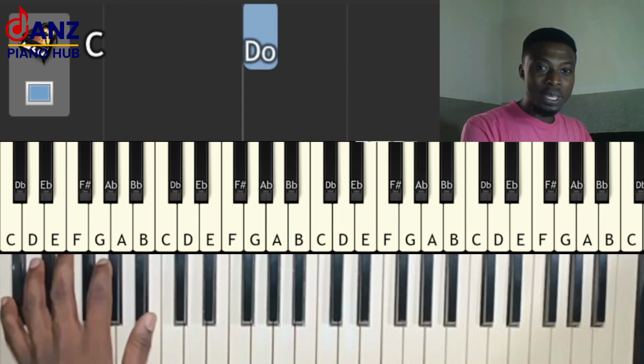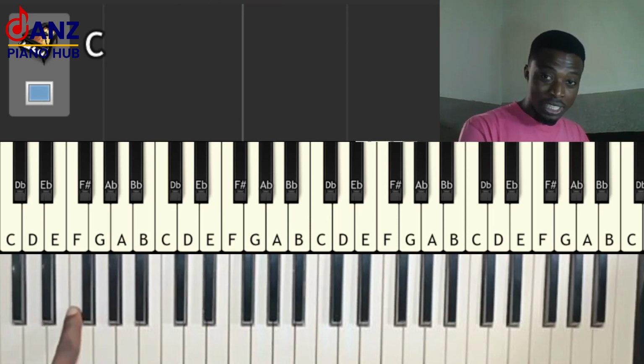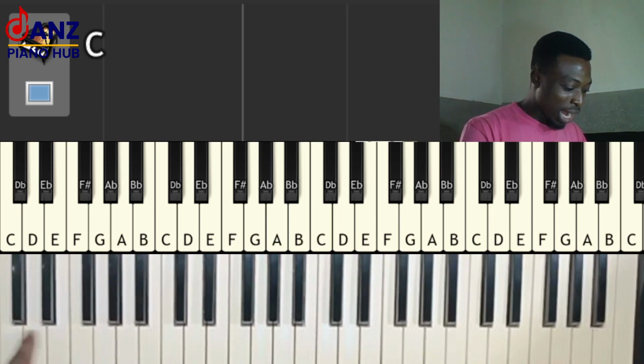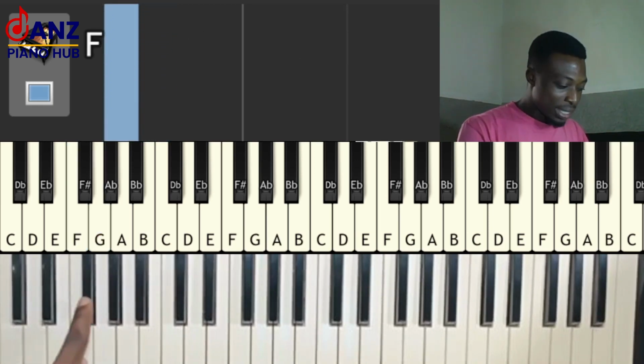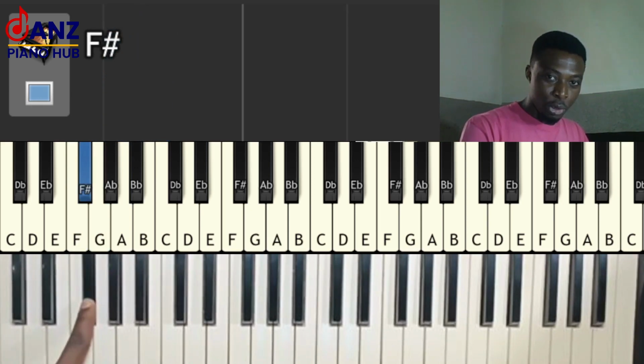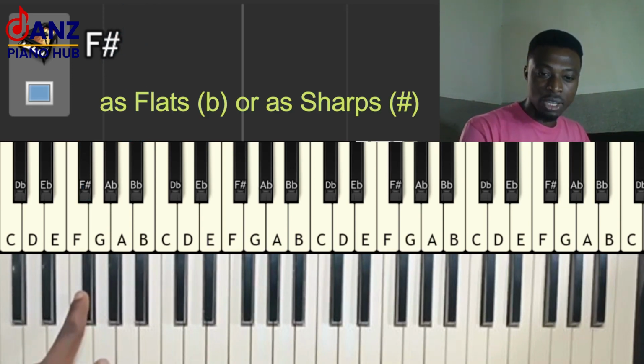Now, how you get the name of a black note is quite tricky. Follow me on this. For example, we have F. Now, this is a black note. For you to get the name of this black note, because every black note has two names, we can refer to it either as flat or as sharp.